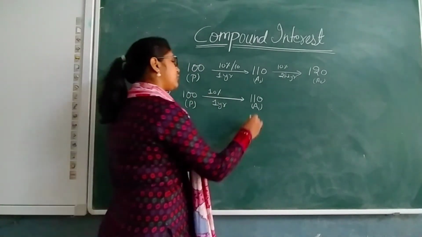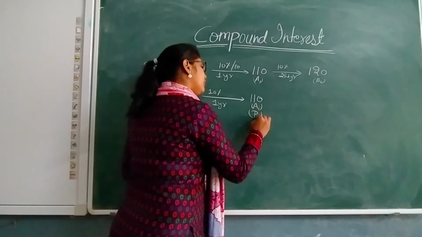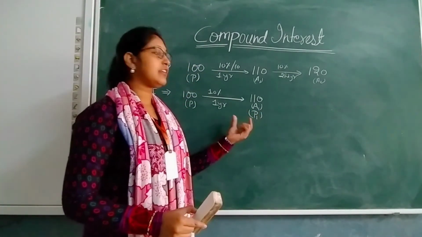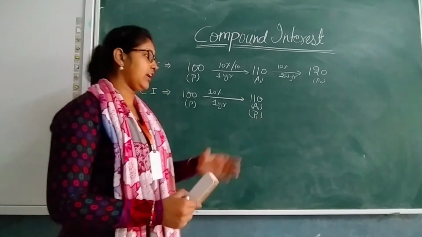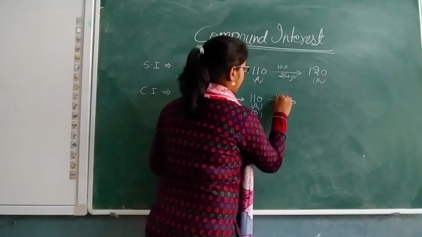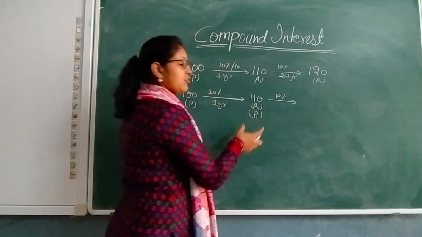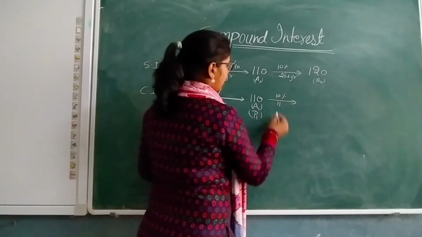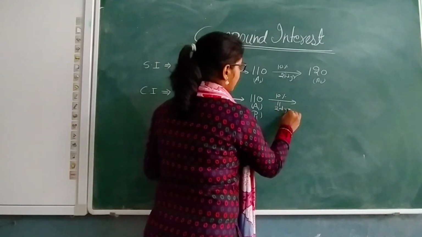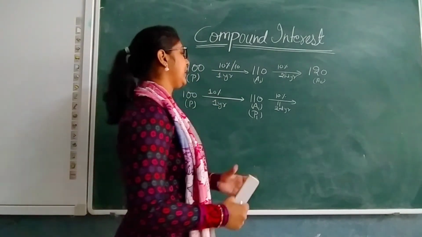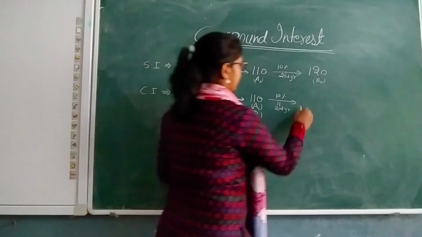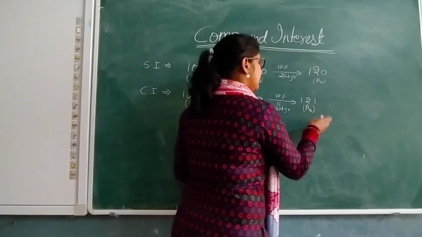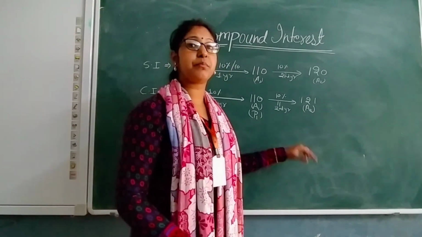So in the next year, we have to pay interest on this amount. The 10% of 110 is 11. So after completion of the second year, we have to pay 110 plus 11, so we get 121. This amount behaves as a principal for the next year.